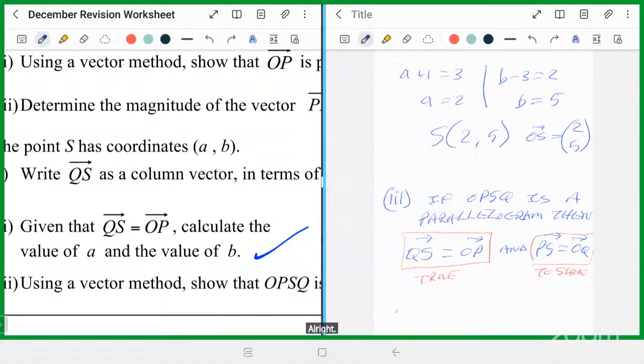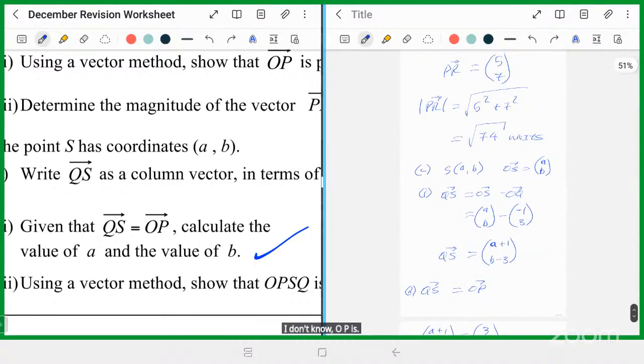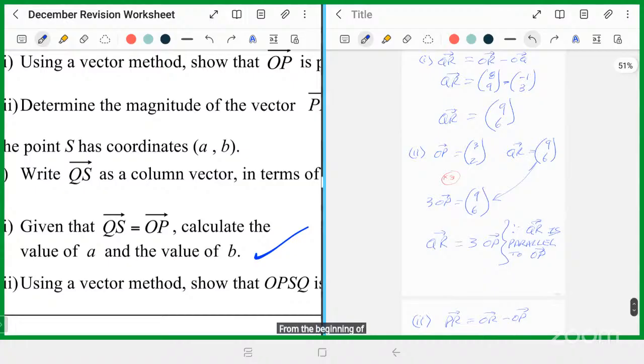So PS that I want is OS minus OP. The OS is this one, 2, 5, minus the OP, which from the beginning of the question is 3, 2.